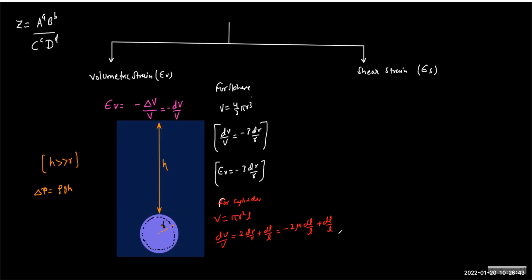Plus dl by L, and the dV by V we can also write as 1 minus 2 mu into dl by L. So for a cylinder, the volumetric strain, if it is getting compressed, will be minus dV by V, which we can write as minus 1 minus 2 mu. Of course, the length change is a negative quantity, that's why there is the negative sign. These kinds of manipulation you will face while solving numericals. We'll come to that also, don't worry.